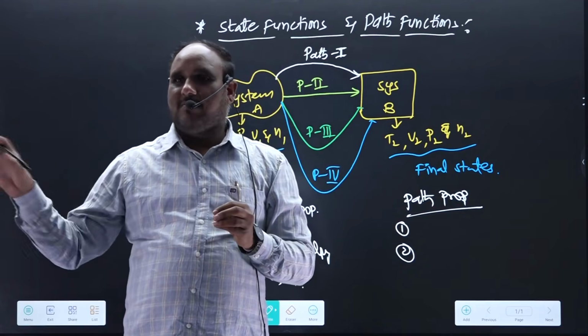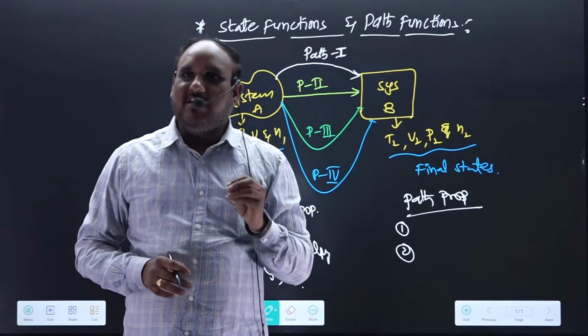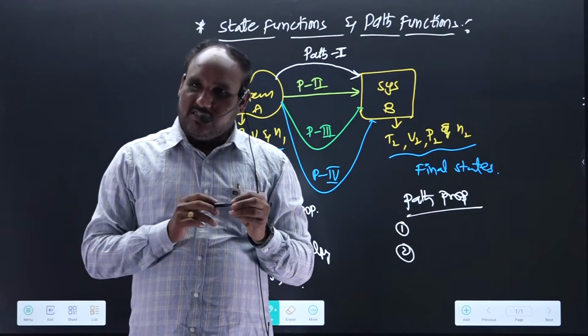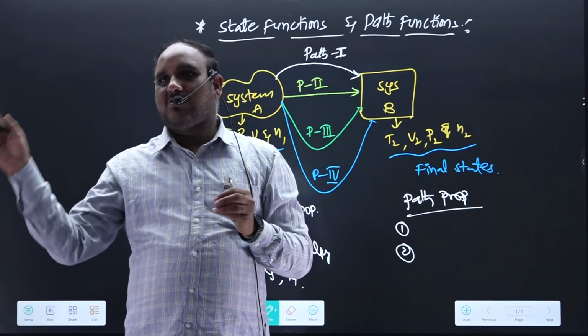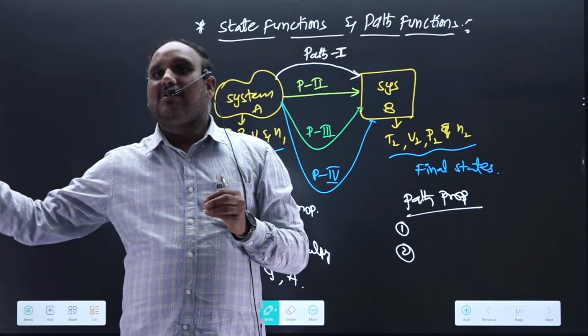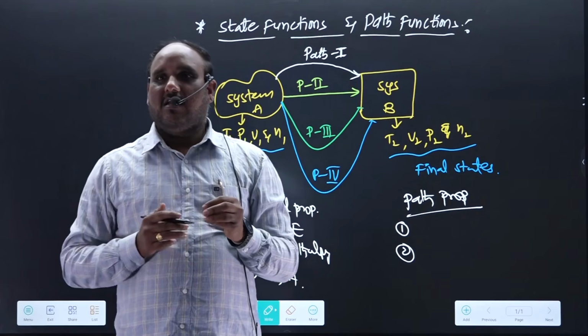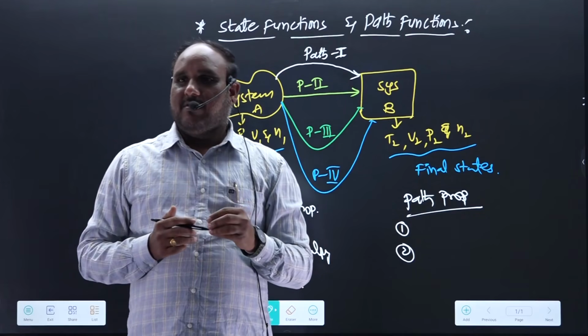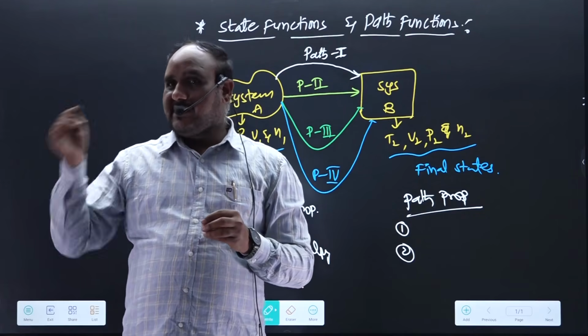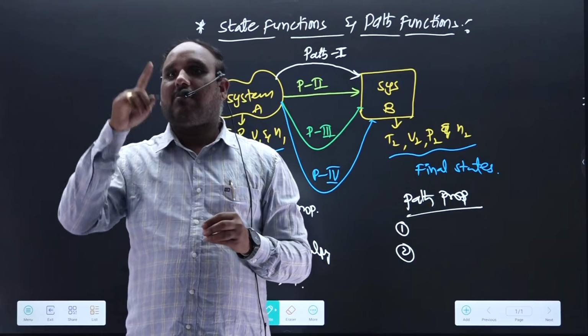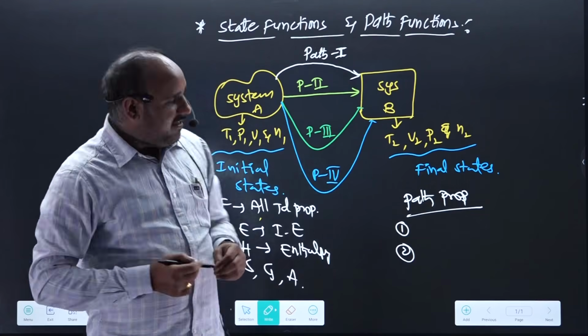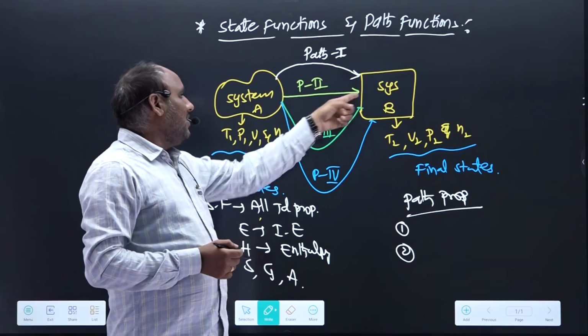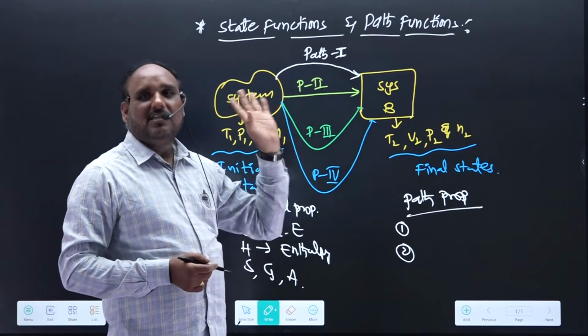In another pathway, system A is also converted to system B, but this time a little bit of excess heat is evolved. It means that heat energy depends on what? Pathways.